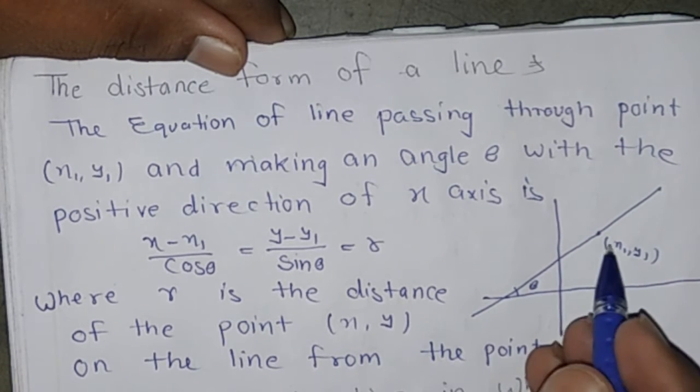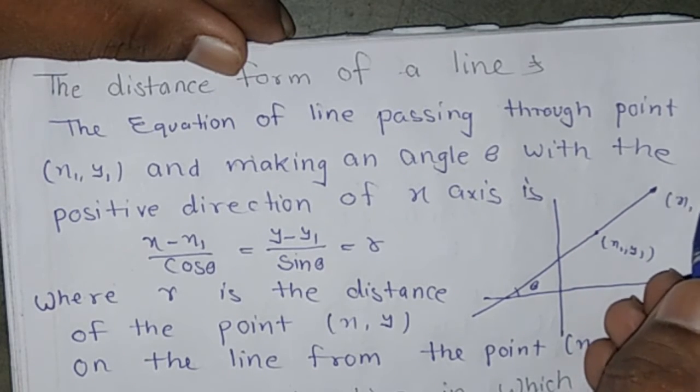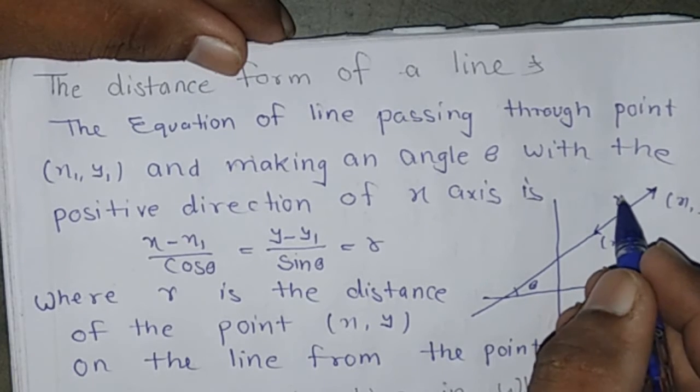Means if it is x1, y1 and here it is a point x, y, then the distance between x, y and x1, y1 is r.